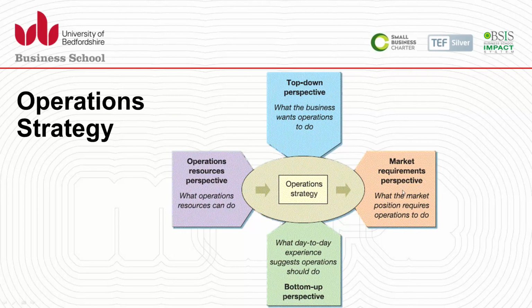On the right end, we see what the market position requires of the operations. From the top-down perspective, we see what the business wants the operation to achieve. And from the bottom-up, it is more important to know what day-to-day experience suggests the operation should do.